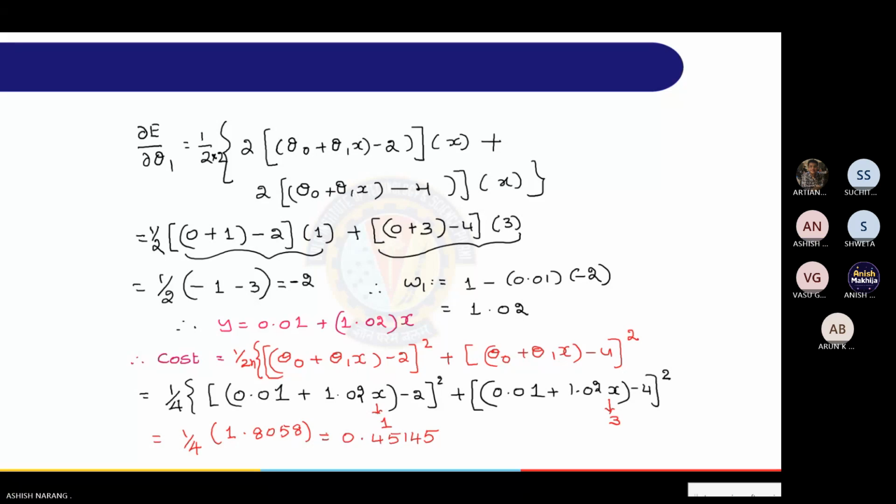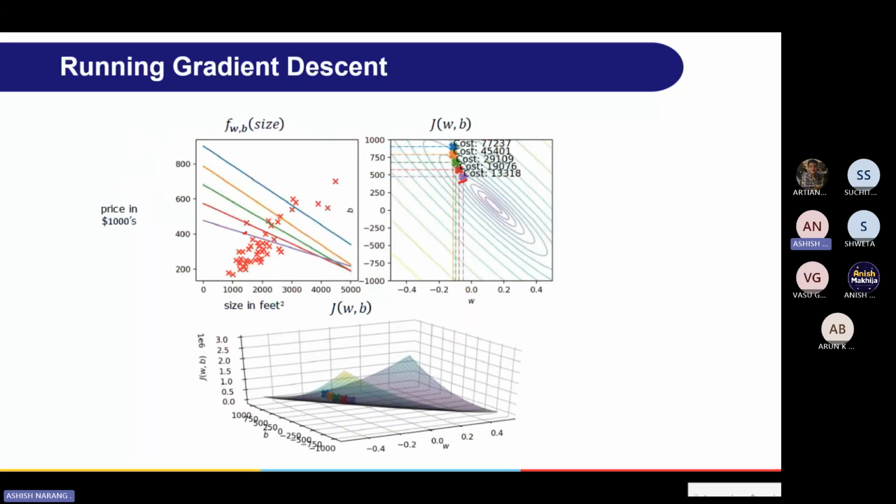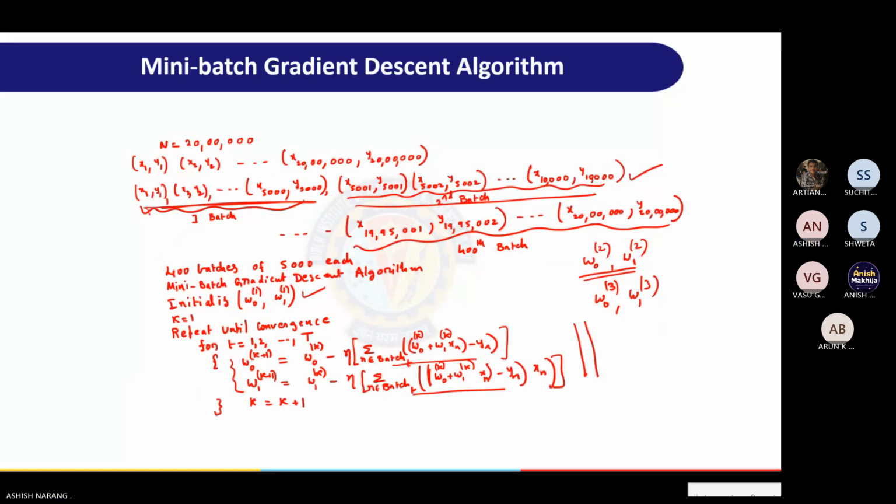Okay, right. So this is one way. Then you can find out the cost function. At least practice 2-3 iterations of it, and this will help you understand how the things have to be worked out.